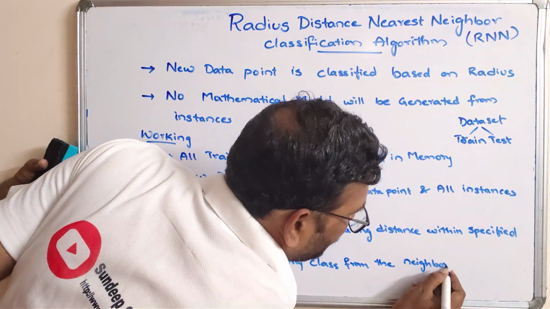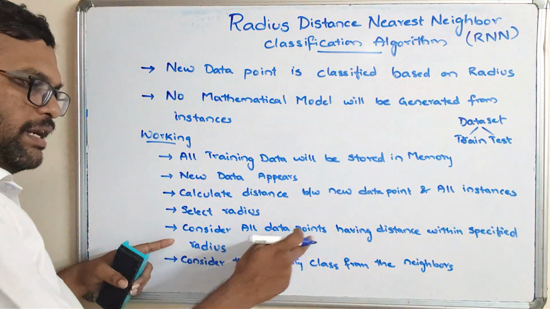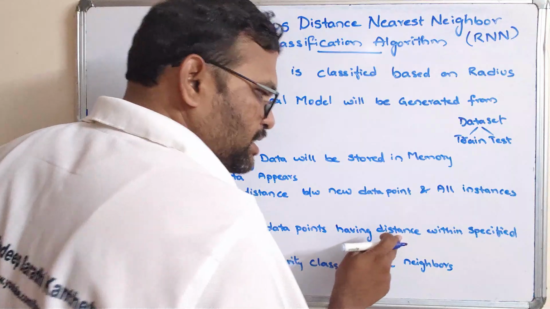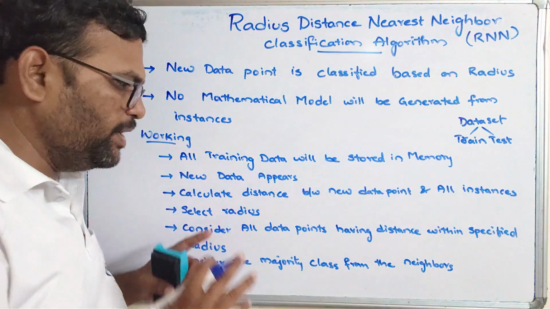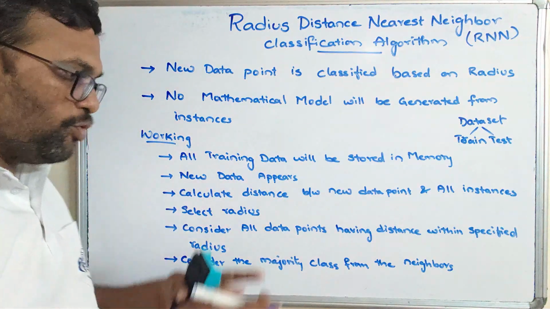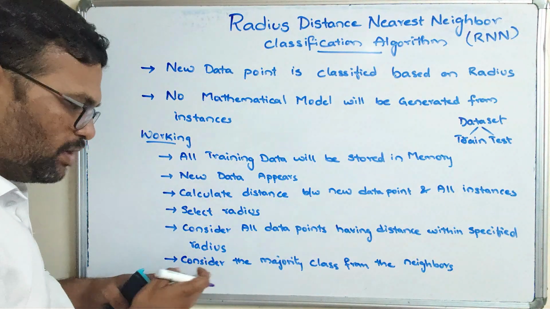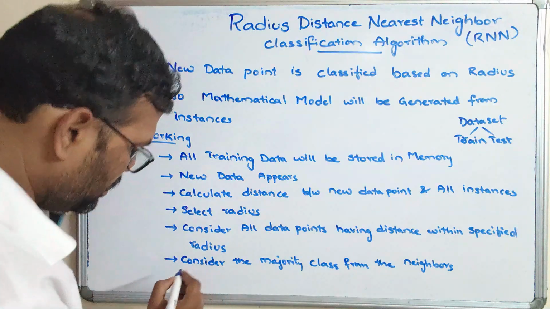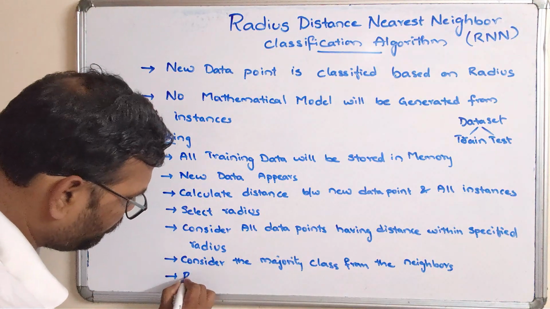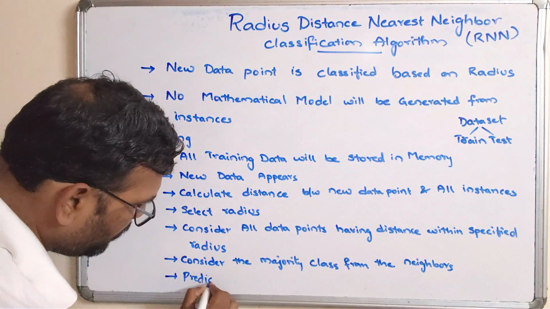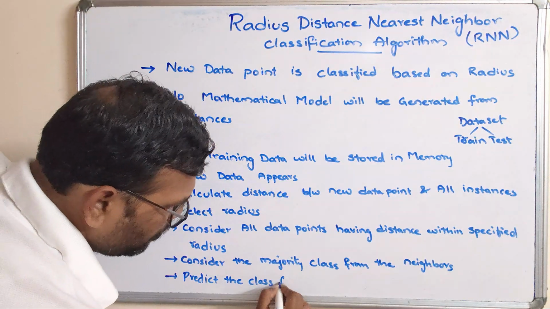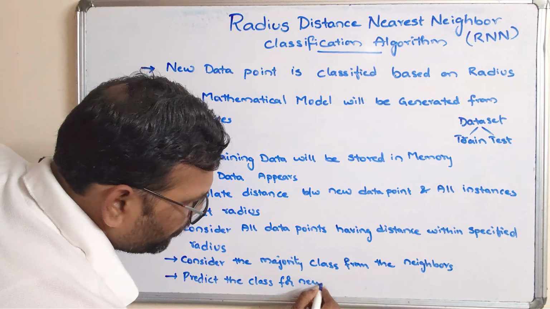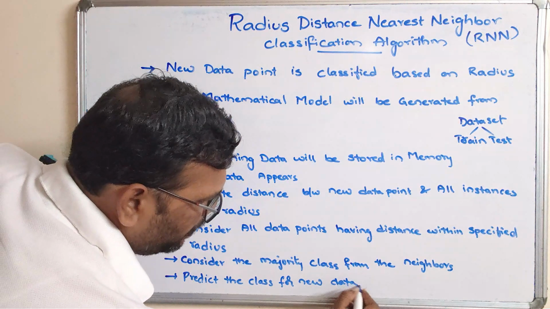Who are the neighbors? Whatever data points have a distance within the specific radius, we consider them neighbors. From all the neighbors, we consider the majority class, and finally we can predict the class for the new data point.